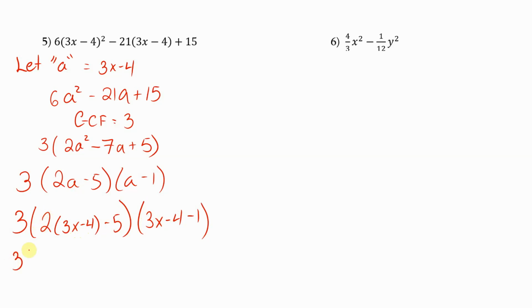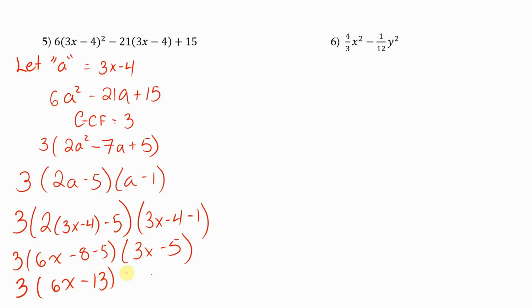So 2 times 3x gives us 6x. 2 times negative 4 is minus 8 minus 5. And 3x minus 4 minus 1 is 3x minus 5. We can simplify further. 6x minus 8 minus 5 is the same as 6x minus 13. And 3x minus 5. And we are done.